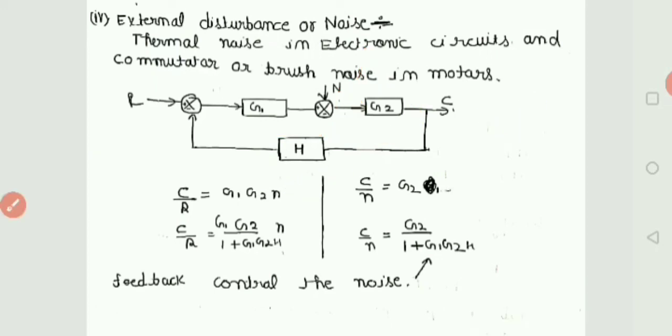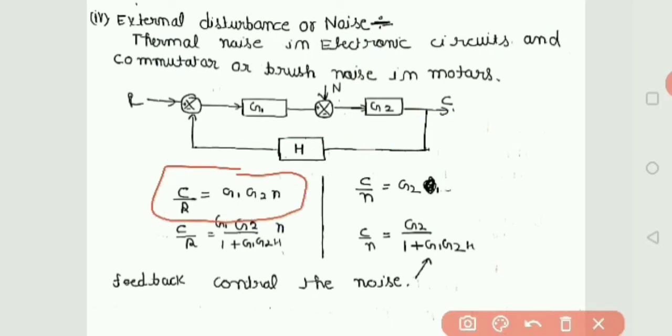If we calculate C over R, we get G1 into G2 into N as the noise term for the open loop system, where H equals 0. For the closed loop system, with a feedback path, our transfer function will be G1 into G2 upon 1 plus G1 G2 into H, into N.